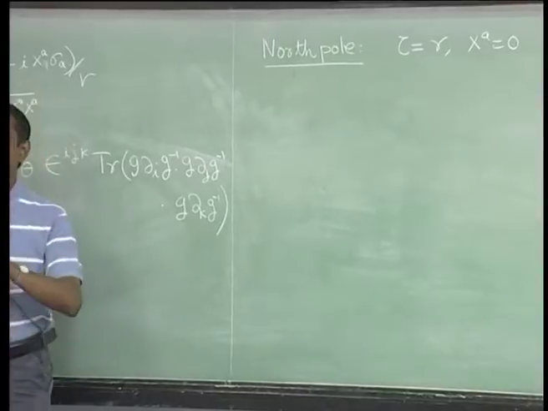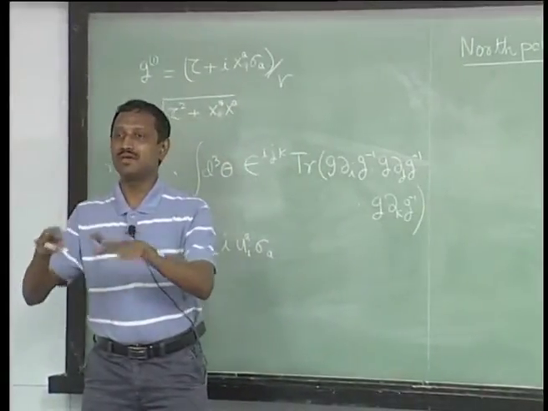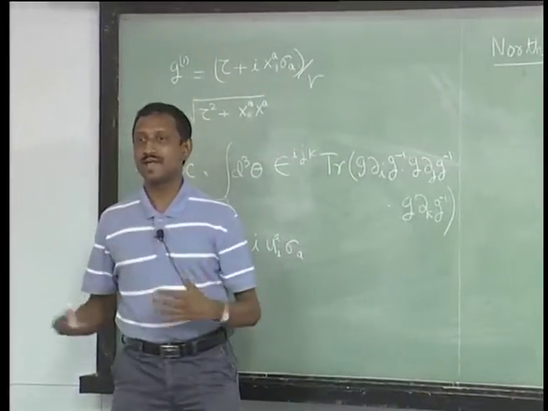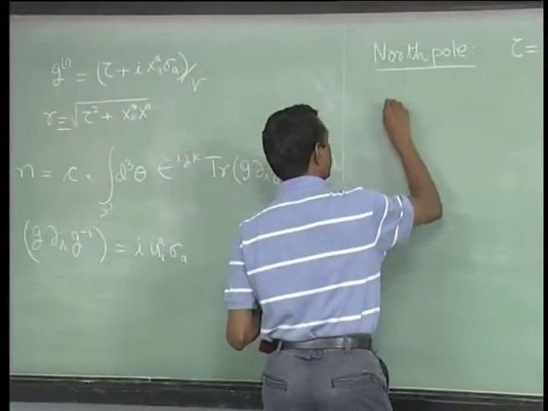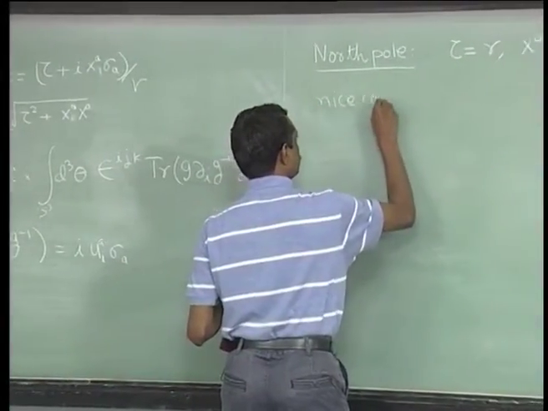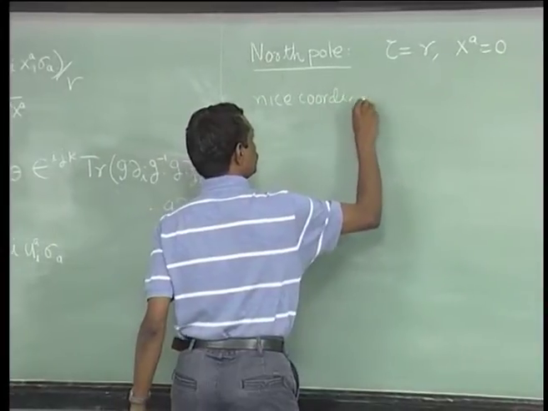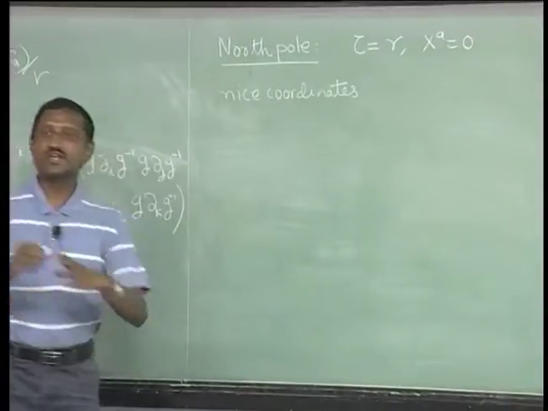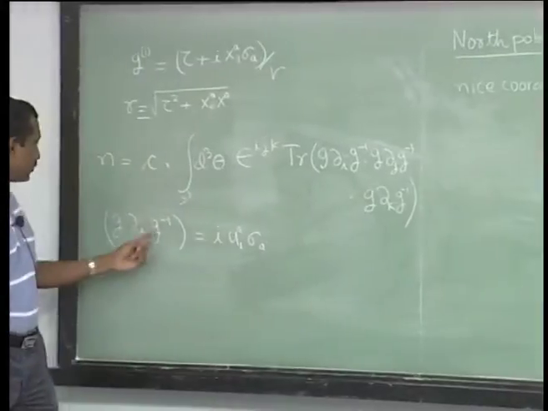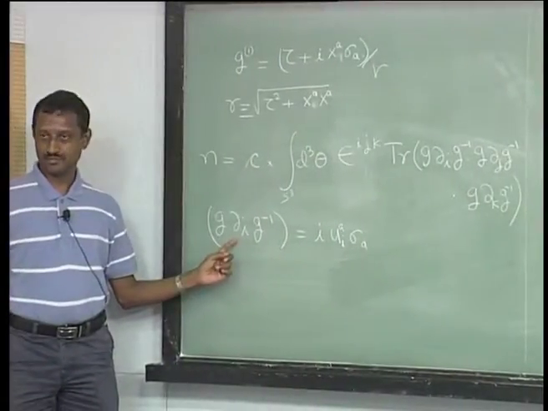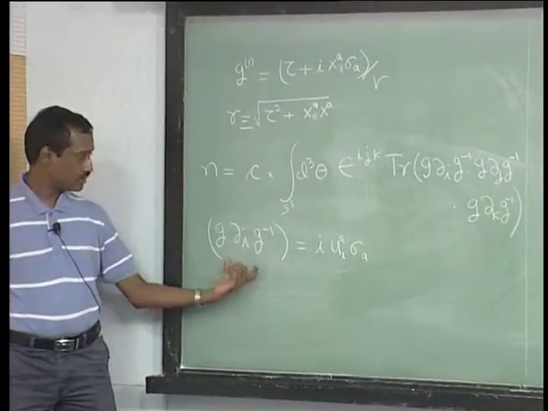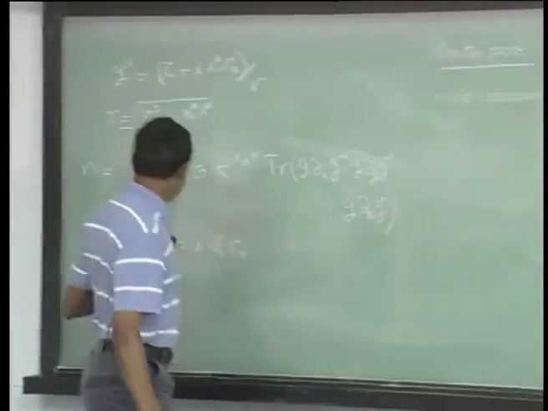The idea here is that coordinates near the north pole are very easy. I do not need to use those coordinates which are valid everywhere. So, nice coordinates, in a first order neighborhood, because we only want things up to first order in taking a derivative.